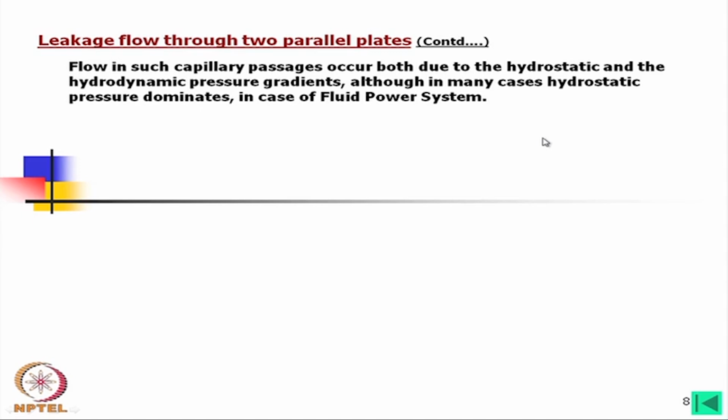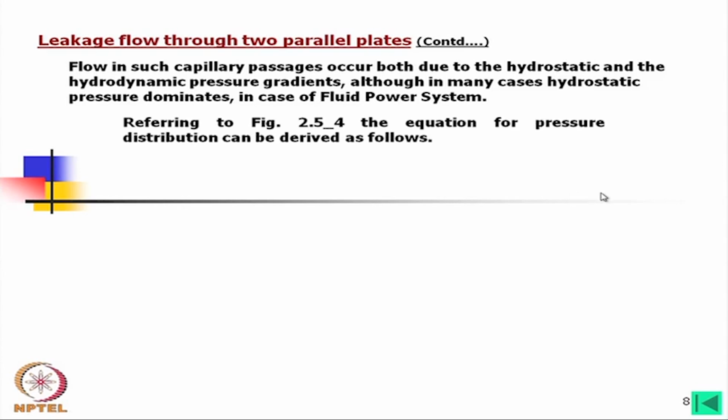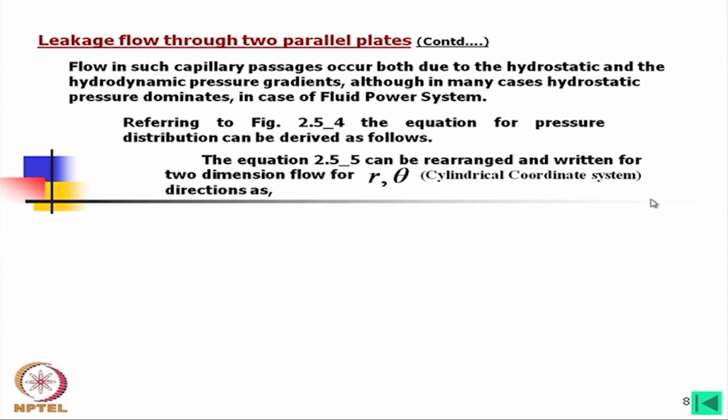I have explained this a little, but usually in hydrostatic machines, on many occasions you will find that in the capillary passage there is high pressure on one side and low pressure on the other side. For example, the case we have considered is like that. So, referring to the earlier figure which I have shown, the equation of pressure distribution can be derived as follows.